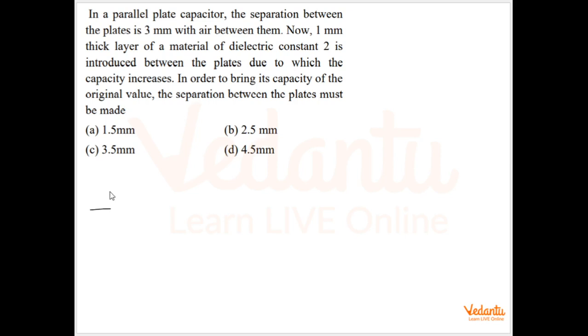So in this case, originally let's say the separation is equal to 3 mm. That is what is given to us. Finally, let's say the separation increases to d dash. I increase the separation to d dash, and a dielectric slab is added in between of thickness 1 mm and dielectric constant 2.